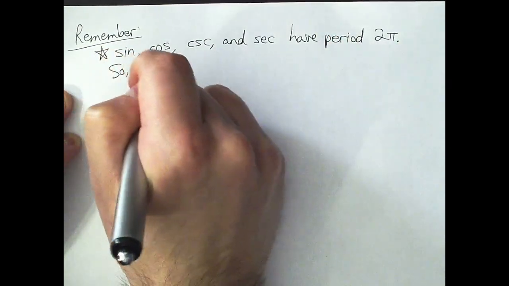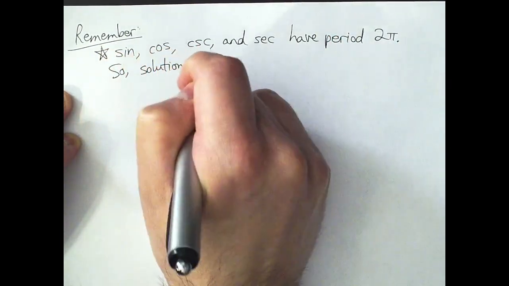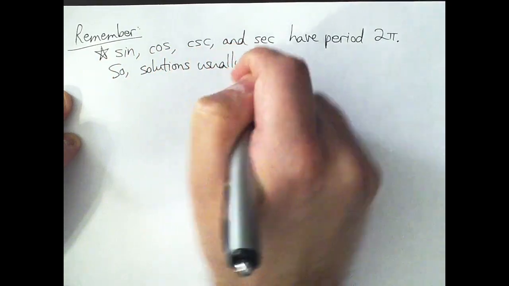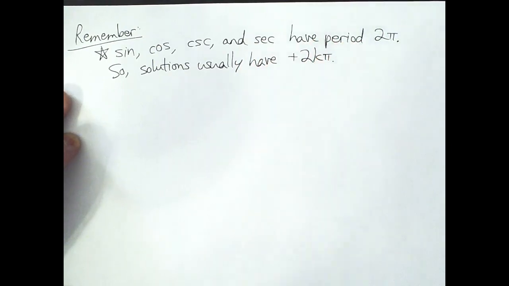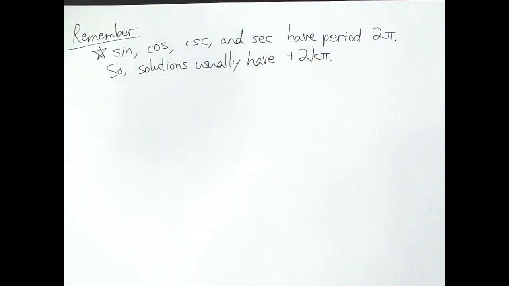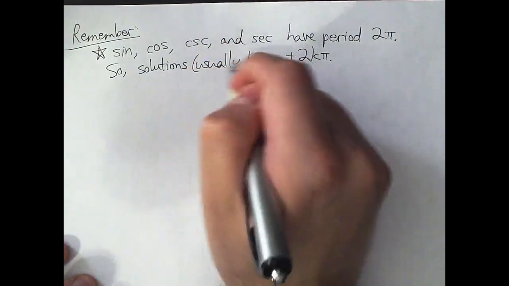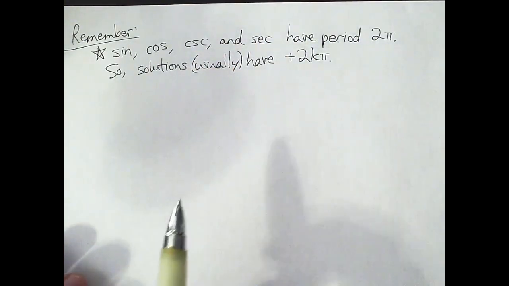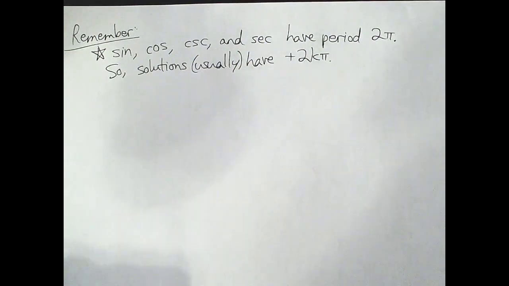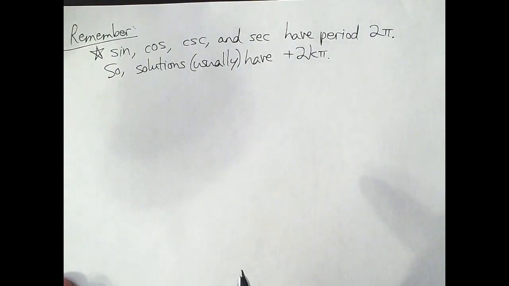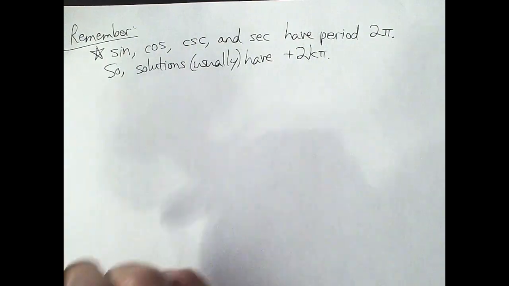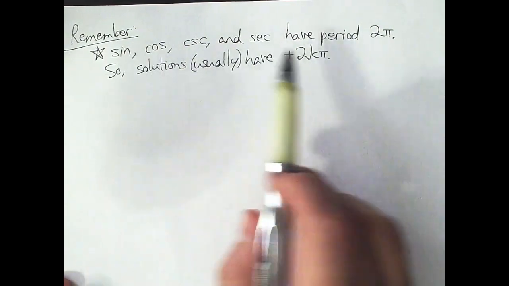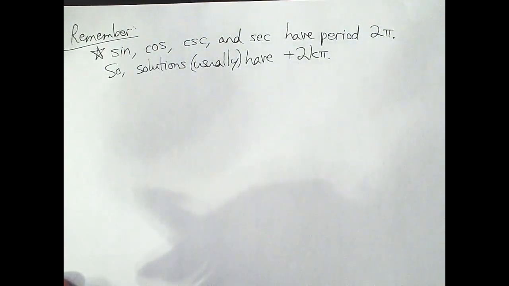Because of that, solutions usually have plus 2k pi, and that's what we've been doing in most of our answers. The reason I'm saying the word usually is because there are cases where we can merge 2 families of solutions into one, and then it becomes k pi. But in general, we've been finding usually 2 families of solutions with a plus 2k pi on the end of each of them.